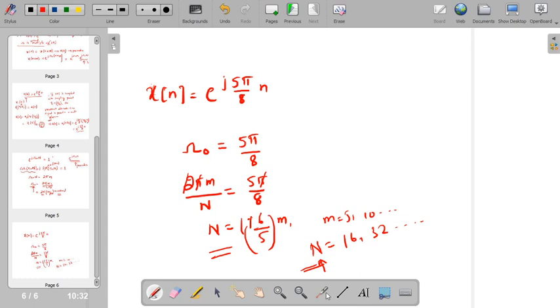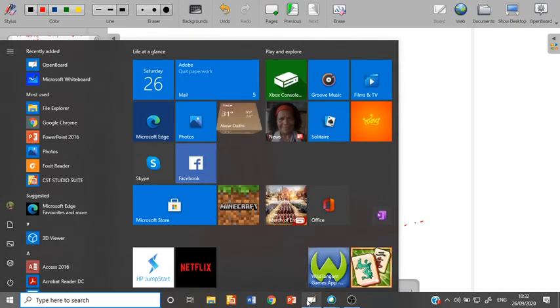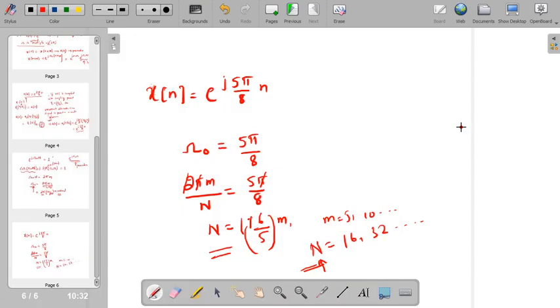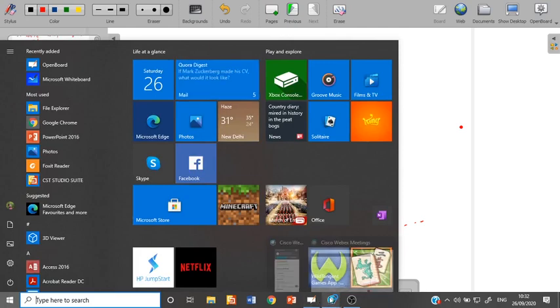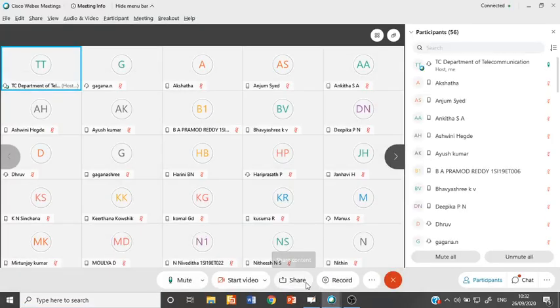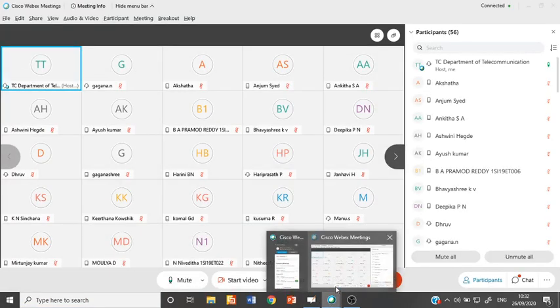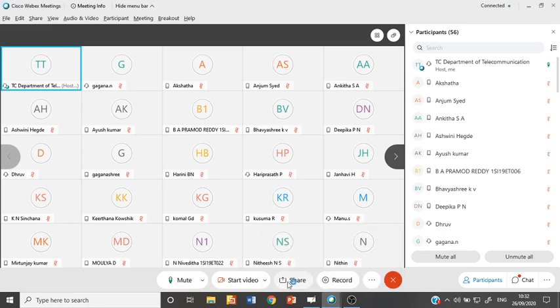we'll do one more problem. I will give it and you just try it out. Take a problem which is of a similar kind, try to solve it, and tell me the fundamental period, how much you get.